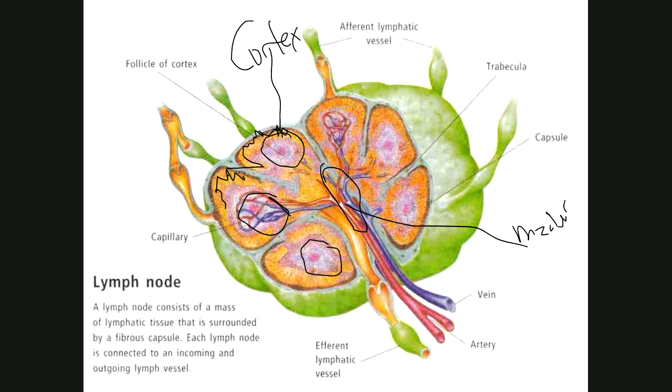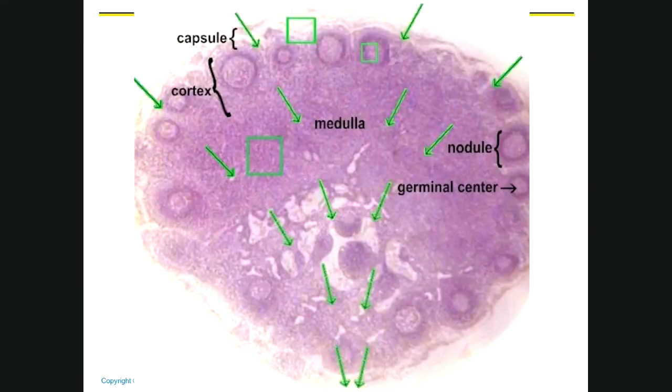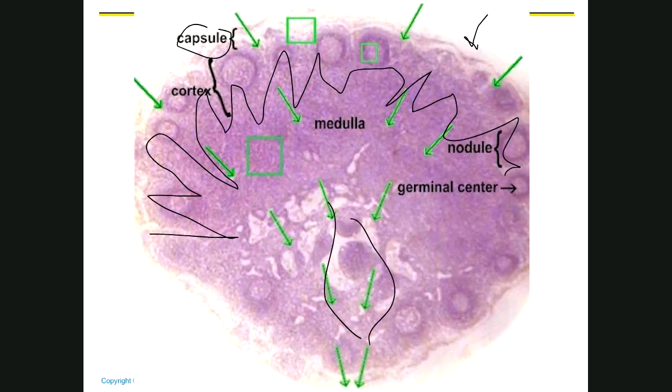So we have a cortex and we have a medulla. Here's what a real one looks like. So there's the capsule out there. Here's the cortex, all of this. And in here where the blood vessels and the lymphatics are, that's the medulla.